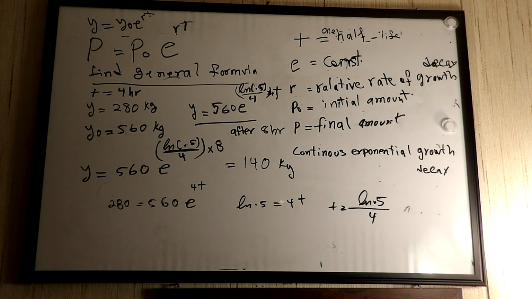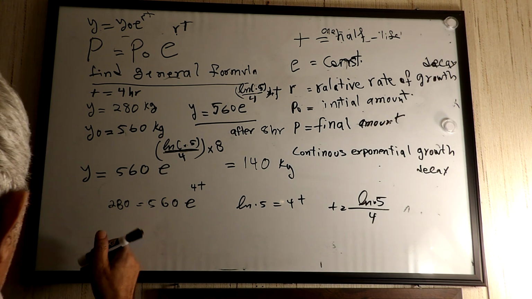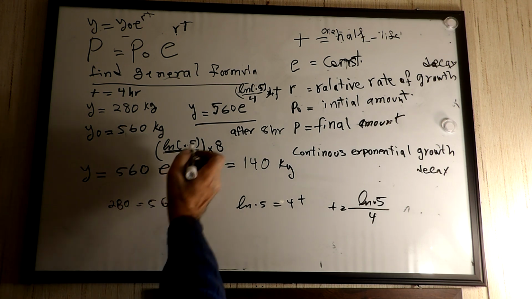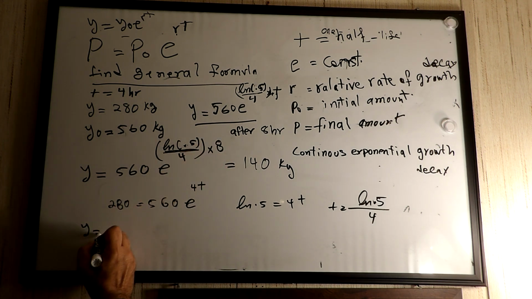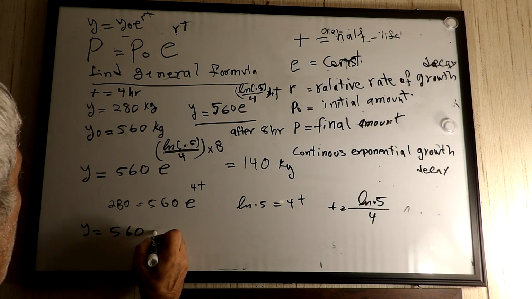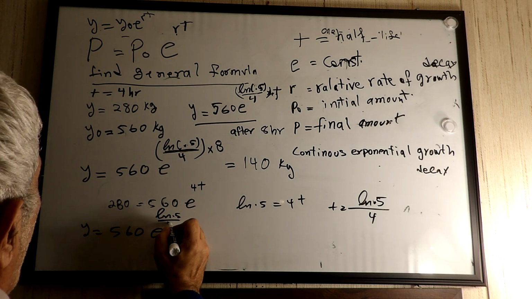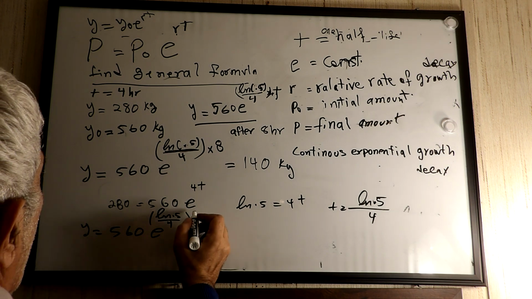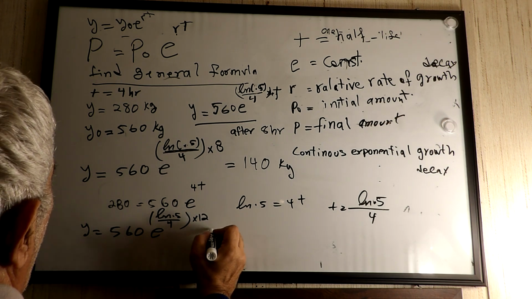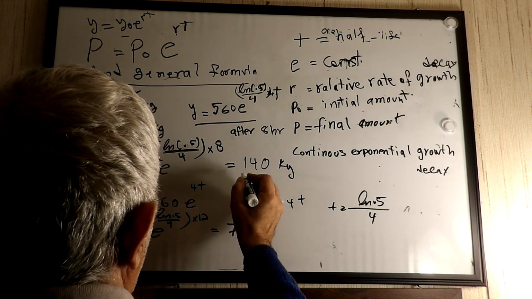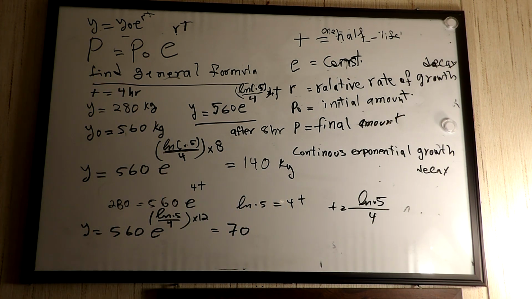Every 4 hours is going to be less and less. Here, y is equal to 560 e to the power of ln 0.5 divided by 4 times 12. Another 4 hours, it's going to be half again.